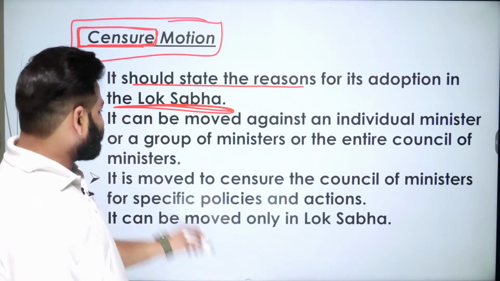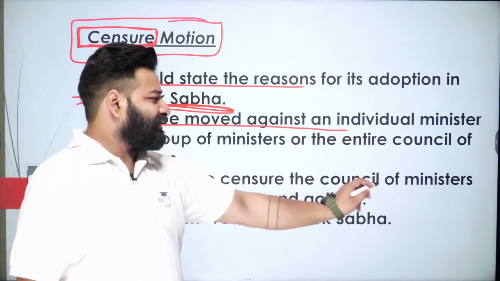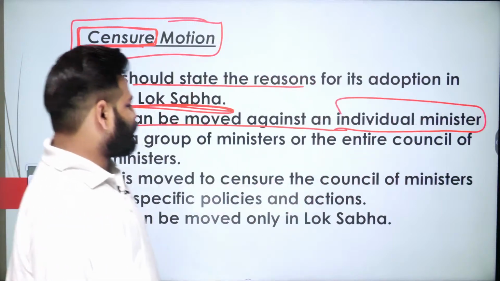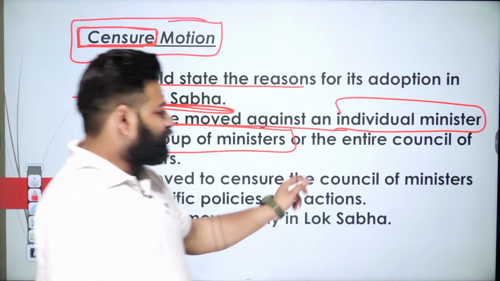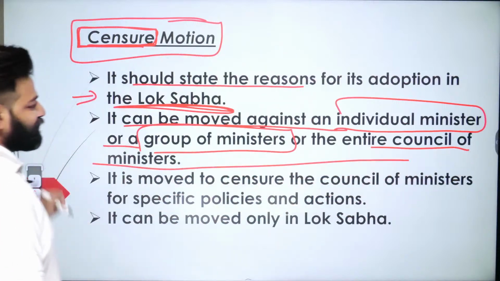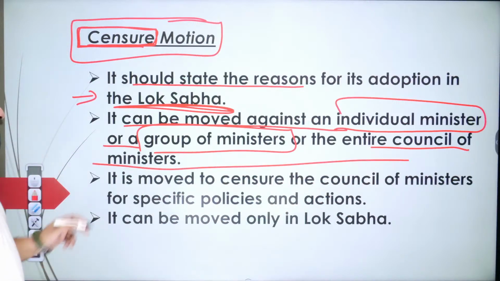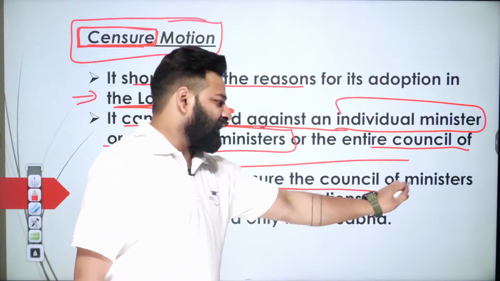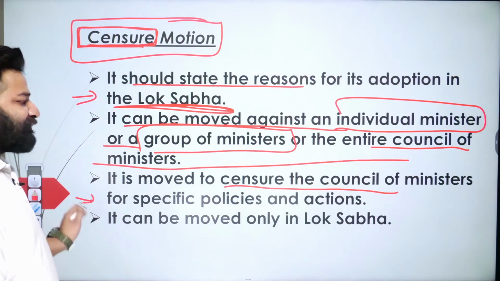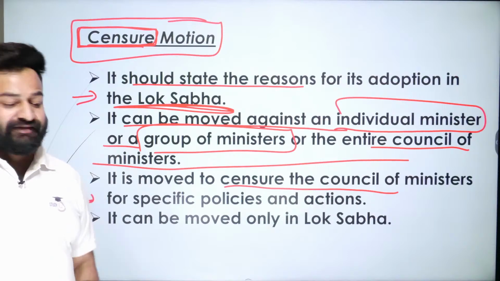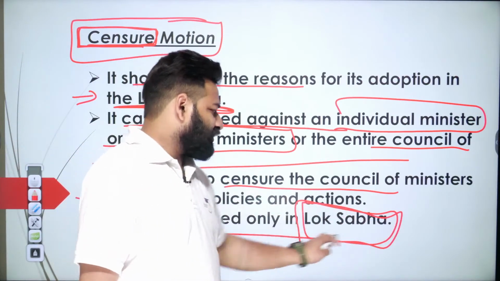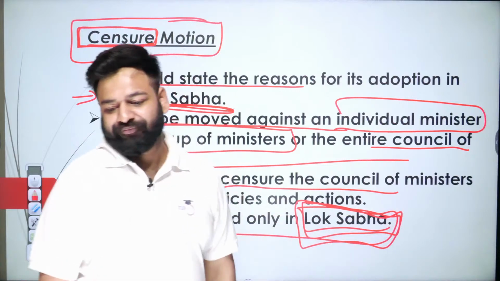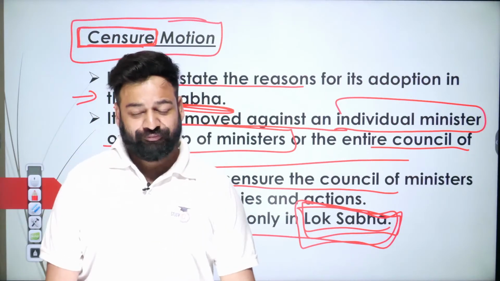Next, it can be moved against an individual minister or even a group of ministers or even the whole entire council of ministers. Next, it is moved to censure the council of ministers for specific policies and actions. And last thing, it can be moved only and only where? In Lok Sabha, not outside Lok Sabha, that is Rajya Sabha, nowhere.